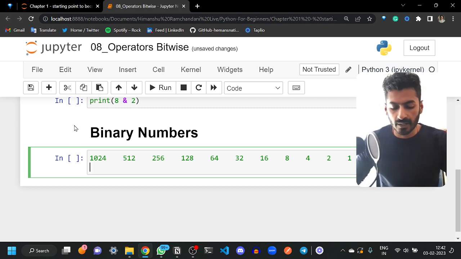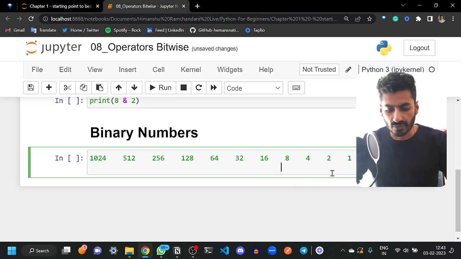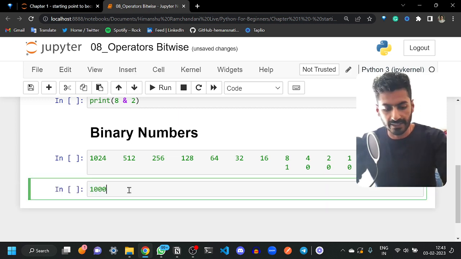See these numbers and check which numbers we should add to get 8. Here there is only one number, that is 8. So we will put a 1 below it, and any other number gets a 0. So this will be the binary of 8, 1000.